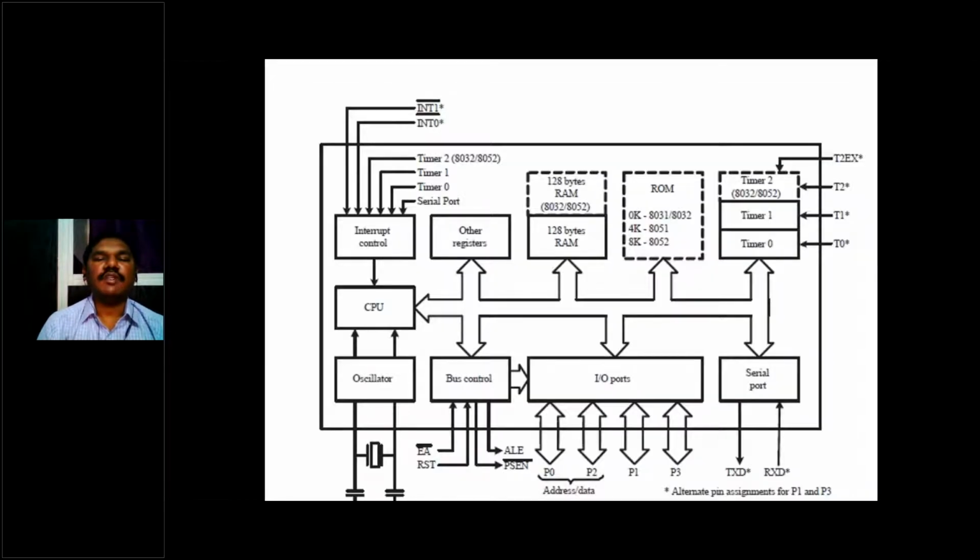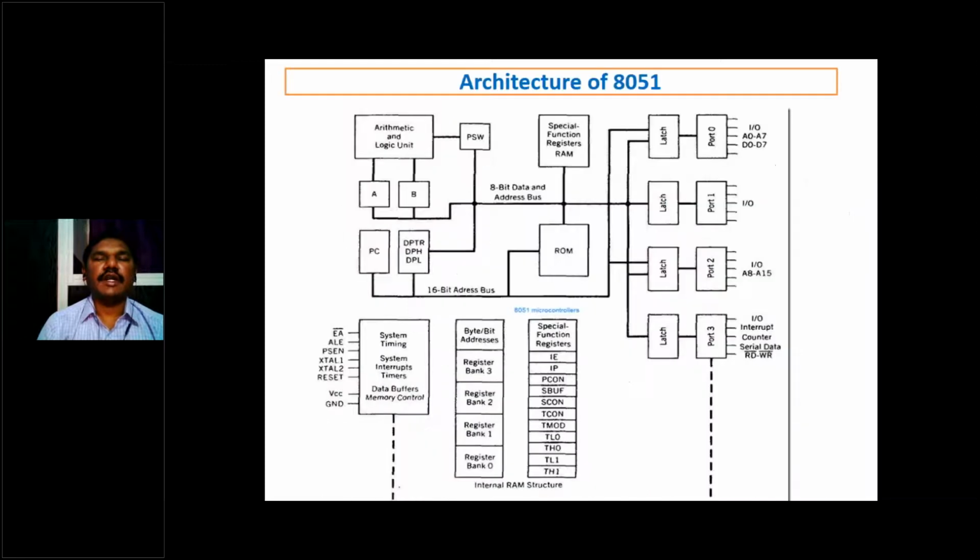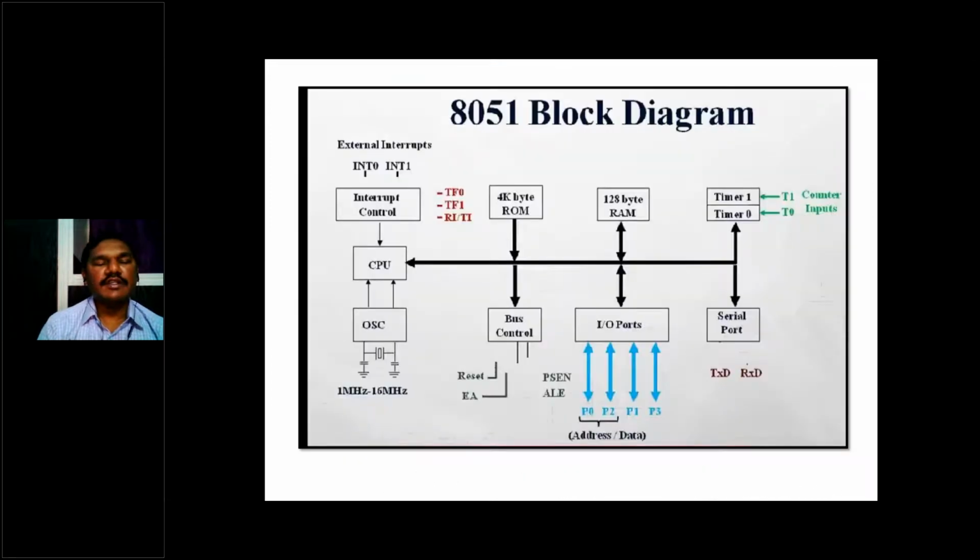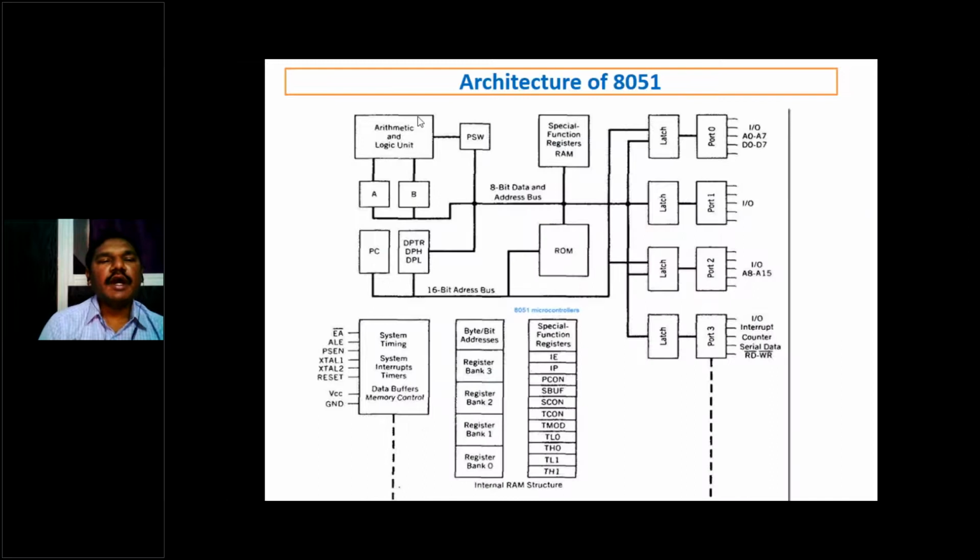This is also one way they represent the architecture of 8051. You know that the 8051 microcontroller has a CPU, and CPU means we need an arithmetic and logical unit. You have seen in the execution unit of the 8086 also that we need one ALU.